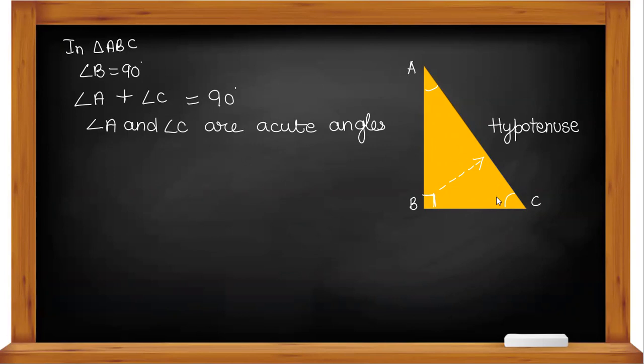Now, suppose angle C is given to us, that is theta. This symbol is known as theta. The side opposite to this angle theta is known as the opposite.